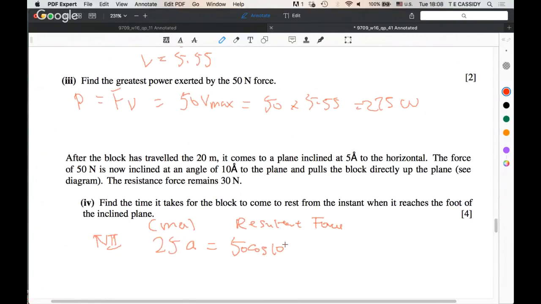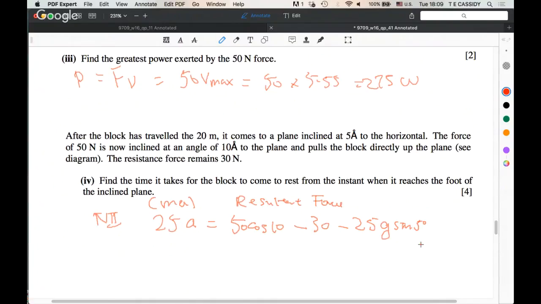And that will be that, minus 30 resistance force, minus 25 times g times sine 5, which is the component of gravity acting parallel to the inclined plane.